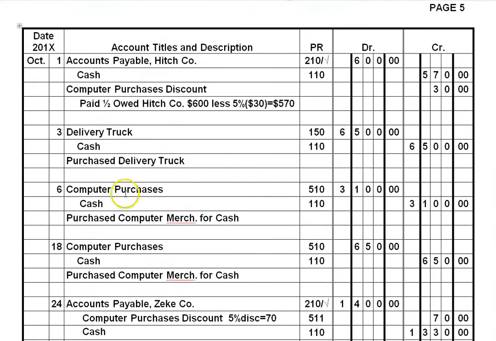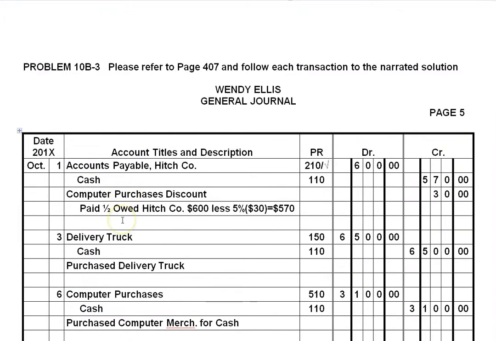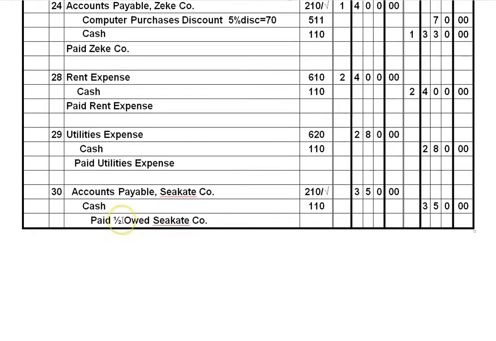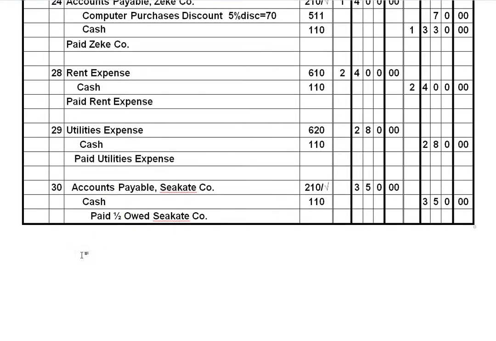I would have liked to see a purchase of merchandise on credit, which if you did one, you simply would, and I'm not going to make up a journal, you would simply debit purchases or whatever. If it was computer purchases, I'll just make it all caps. If it was computer purchases, you just debit computer purchases.